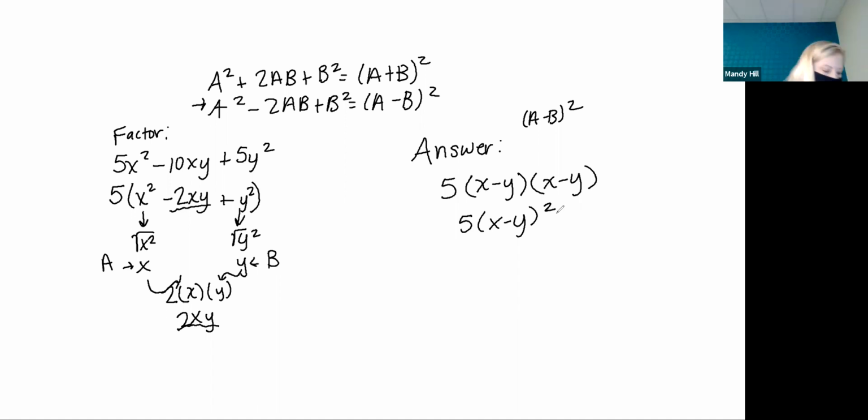Okay, let's look at another one of these, because they can get a little bit tricky, so this one's a little bit more complicated.